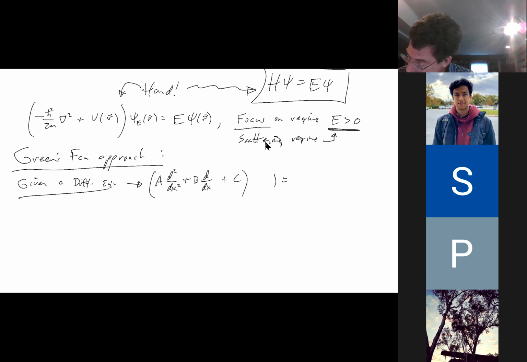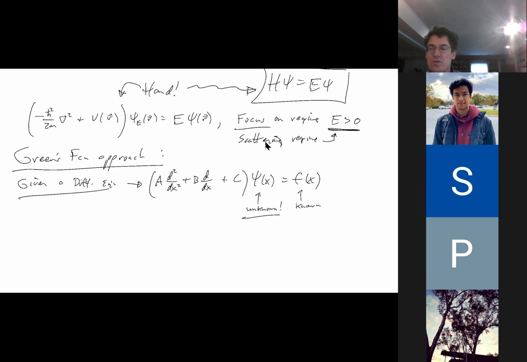The A, B, and C are known, and this other function is known, but the solution is unknown.